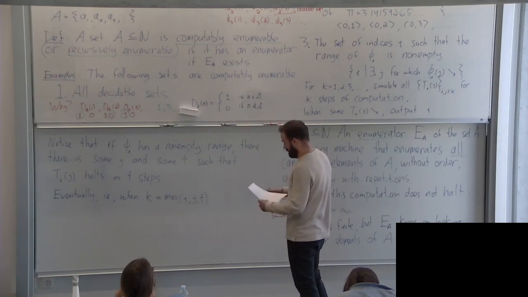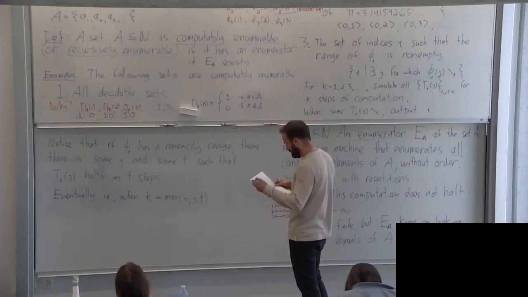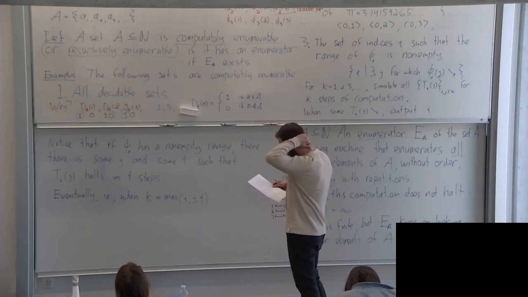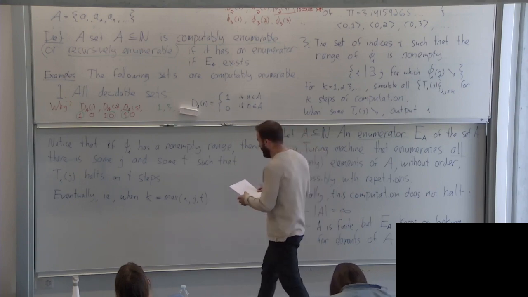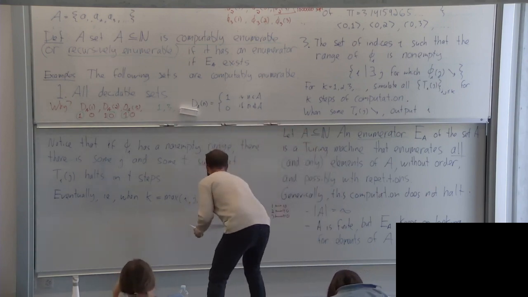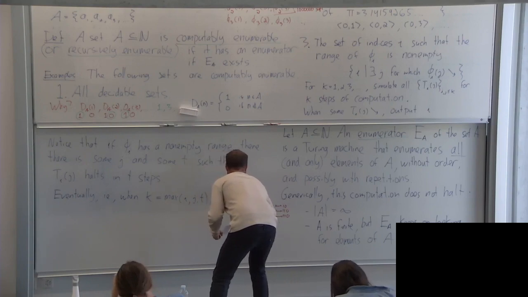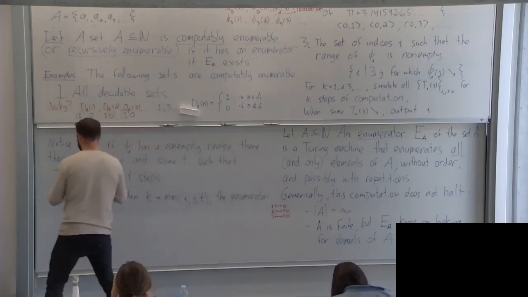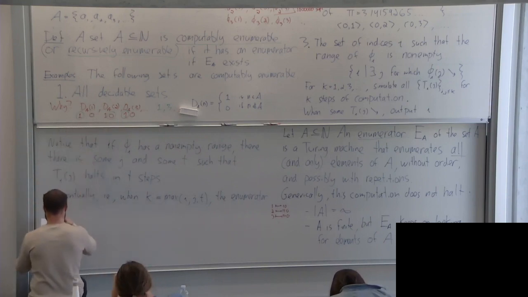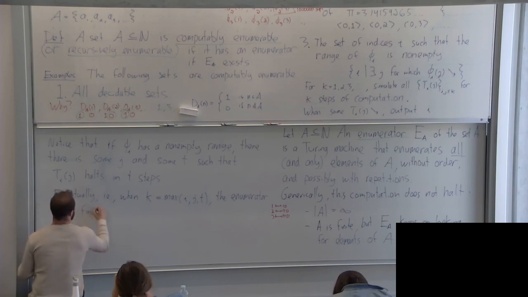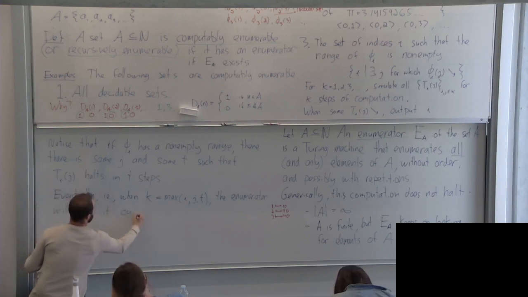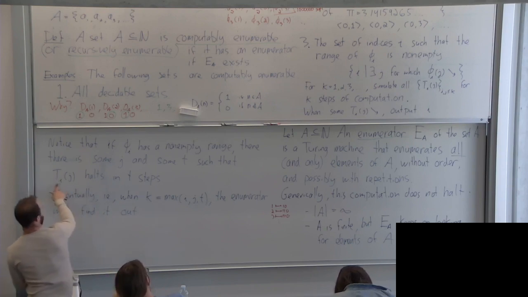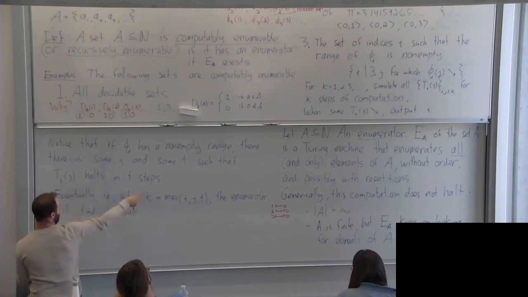And in which case, the enumerator will find it out. The it refers to the fact that T_i on j halts in t steps.